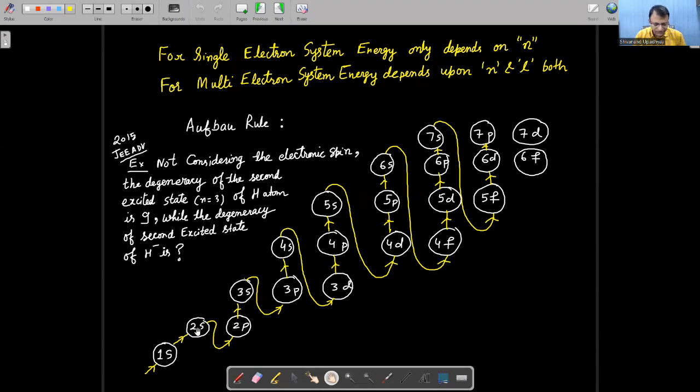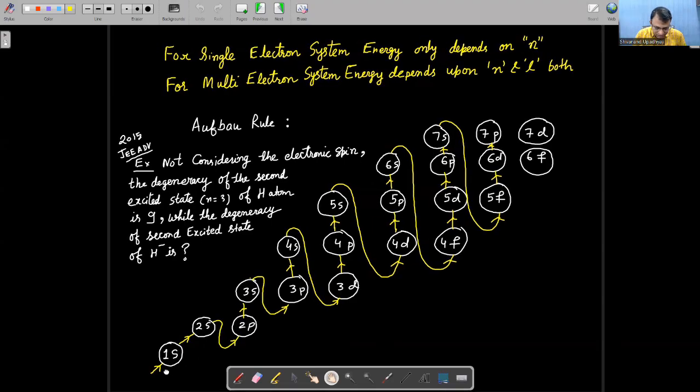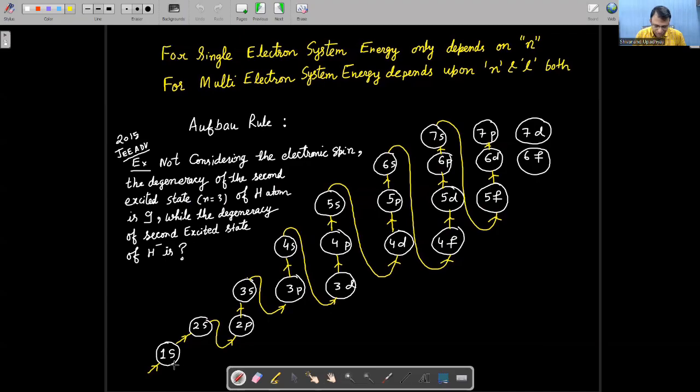Then we put in 2s, n plus l value is 2. For 2p and 3s, n plus l value is 3. Both have equal value, but we fill the electron in the lower value of n first. So we fill 2p and then 3s. So for a multi-electron system, this is the lowest energy.